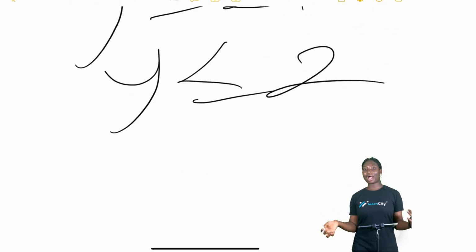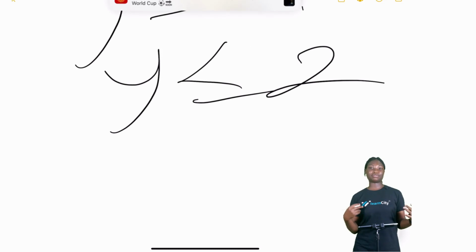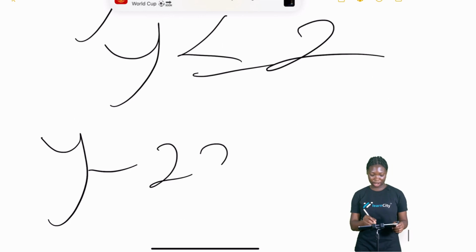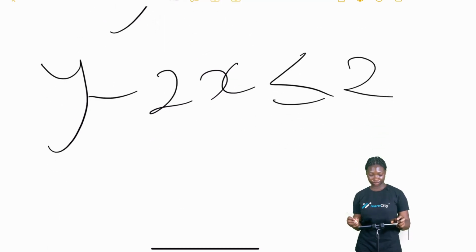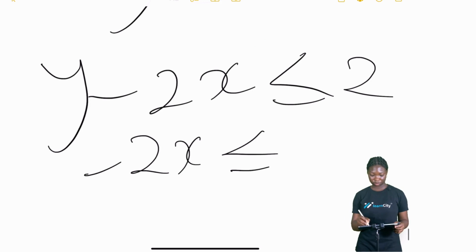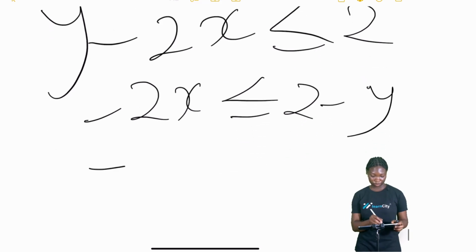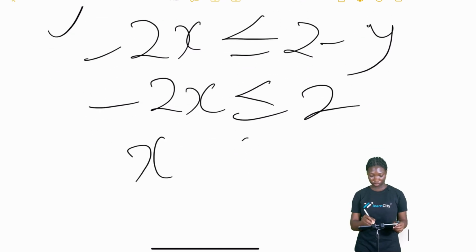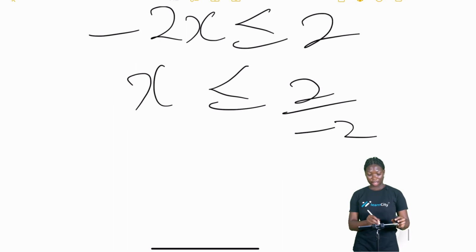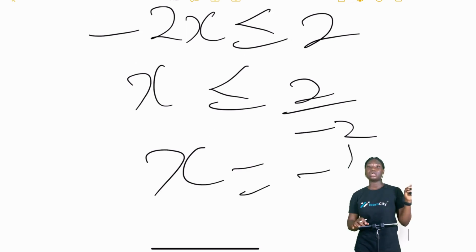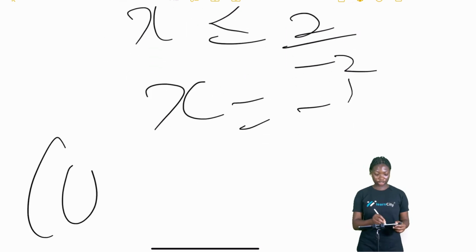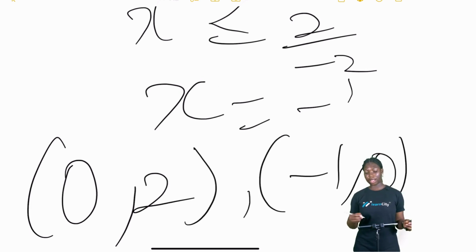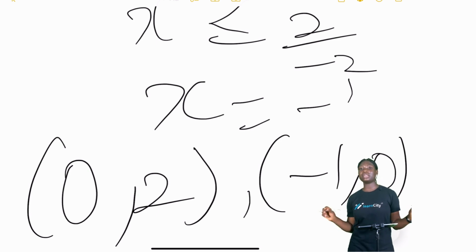And where y is 0, we have x to be minus 1. So we have our points to be (0, 2) and (minus 1, 0). That satisfies the inequality.